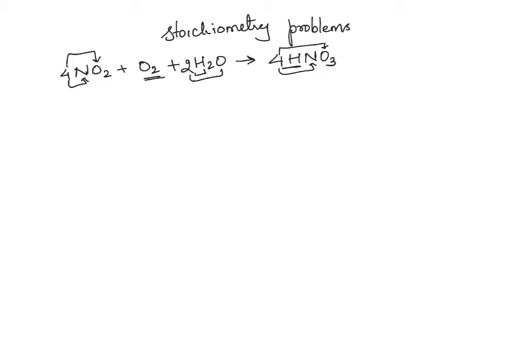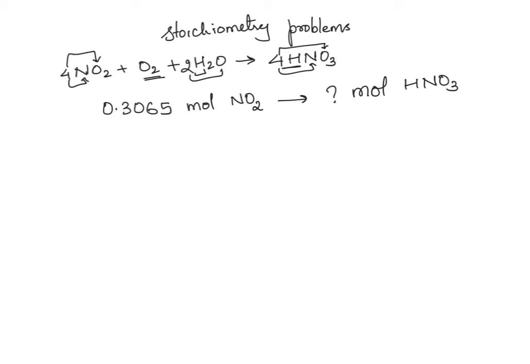In other words, if amount of nitrogen dioxide is given, say, let's say in a specific reaction we have 0.3065 moles of NO2. If this is given, how many moles of HNO3 will be obtained?